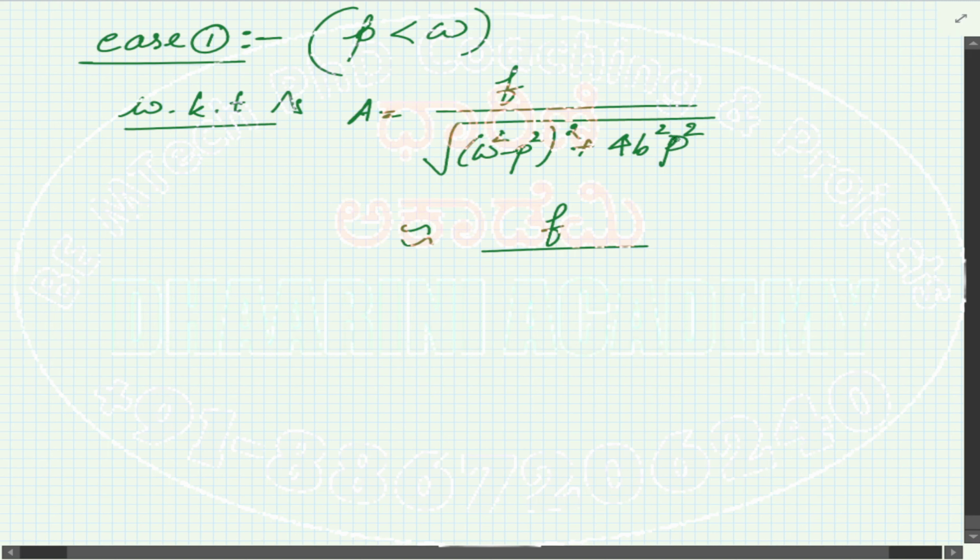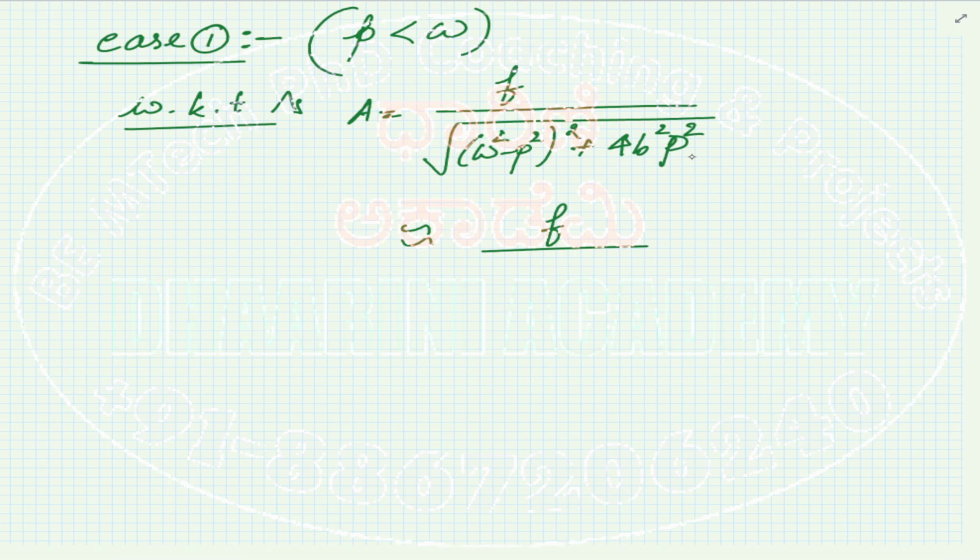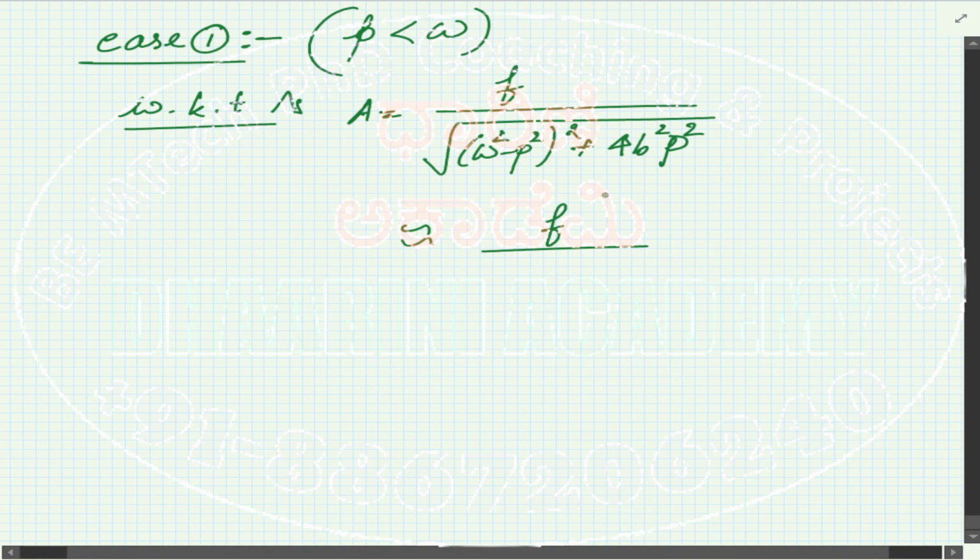When P is very small, all the terms containing P have no meaning. They are zero. So that's why it is F divided by square root of, this term is close to 0, the P is also close to 0, so this means omega square whole square, so omega power 4, that means it can be equated to F divided by omega square.